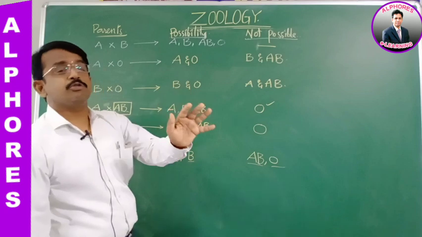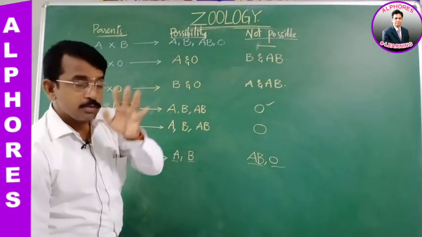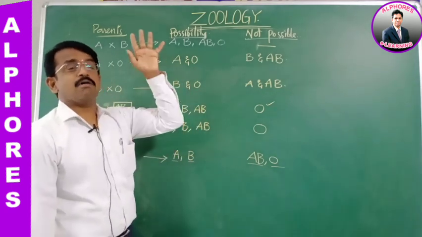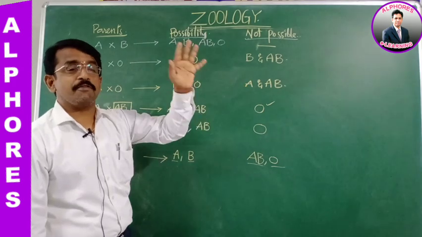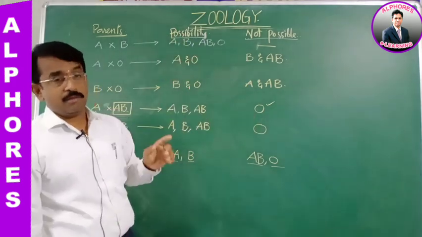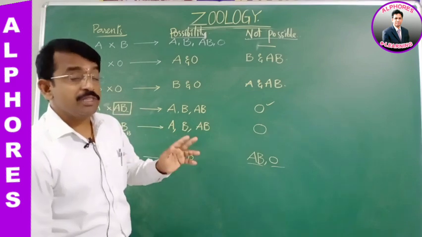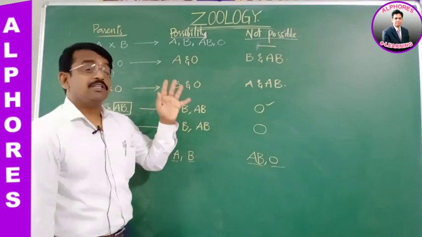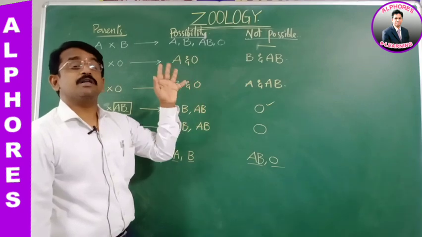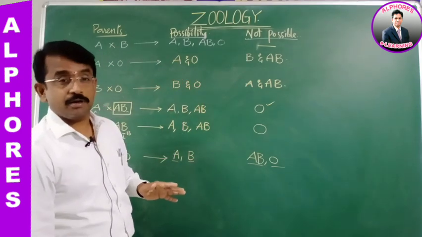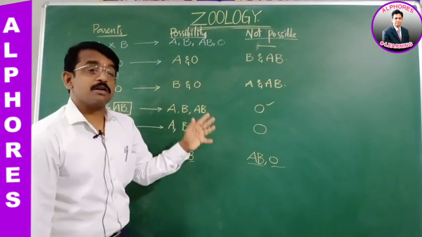HDN, erythroblastosis fetalis. RH positive and RH negative individuals are phenotypically normal, but during blood transfusion and pregnancy, the genetic incompatibility results in consequences, that is, RBCs are ruptured.